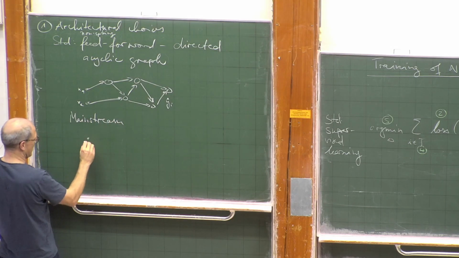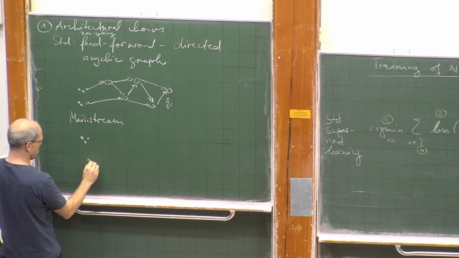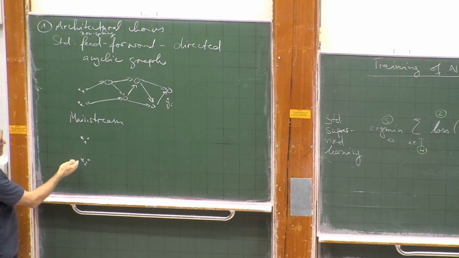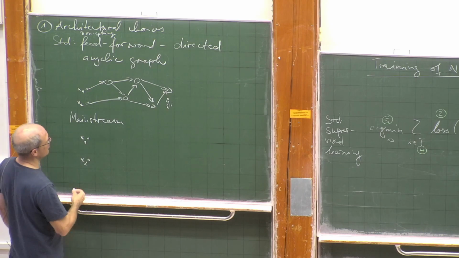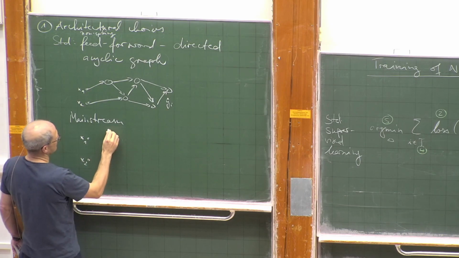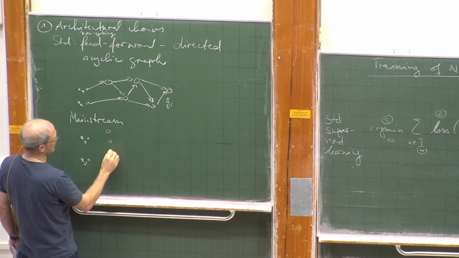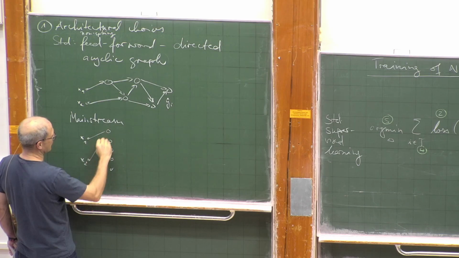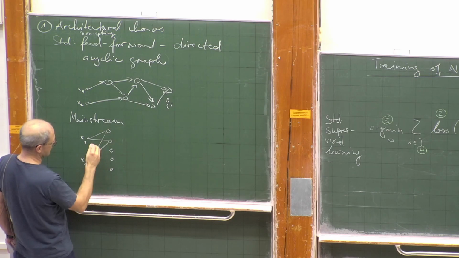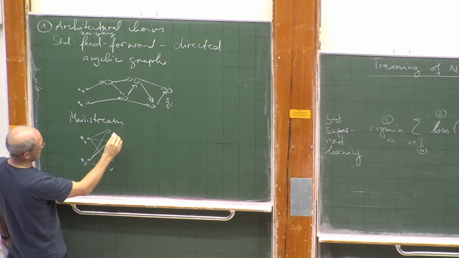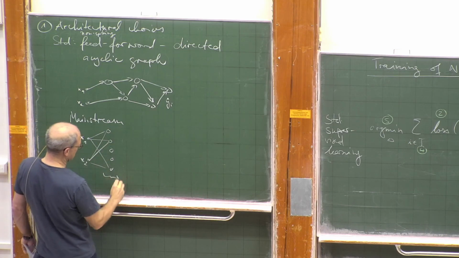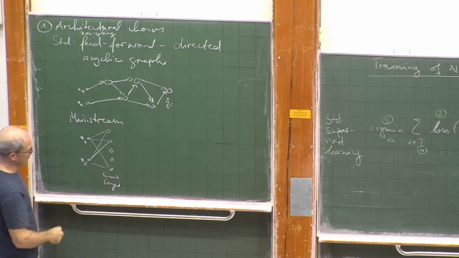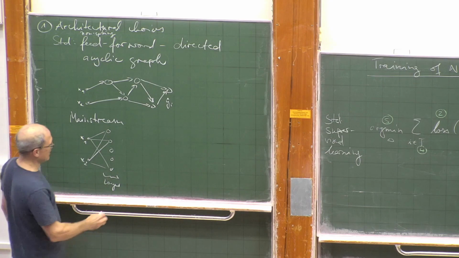So here I'm discussing the case when we have unstructured input. We just have vectors, input vectors in this case, in this toy example, with 2 components. And the mainstream architecture would be to have the kind of perceptrons that we saw last time. I don't want to draw all the arrows here. And this would be called one layer. And the number of perceptrons in it would be the width of that layer.